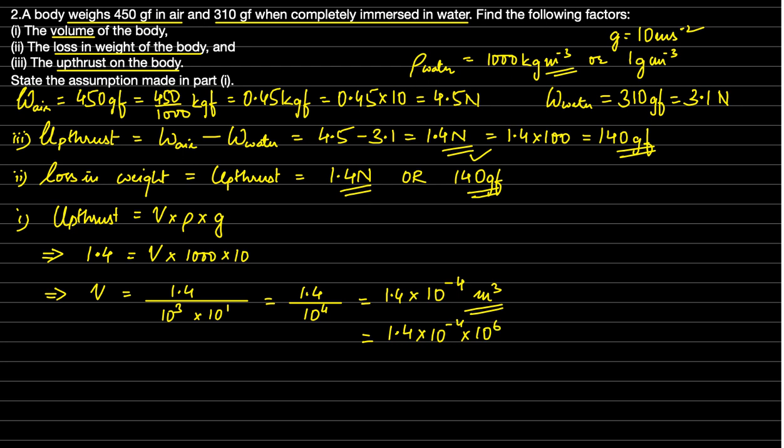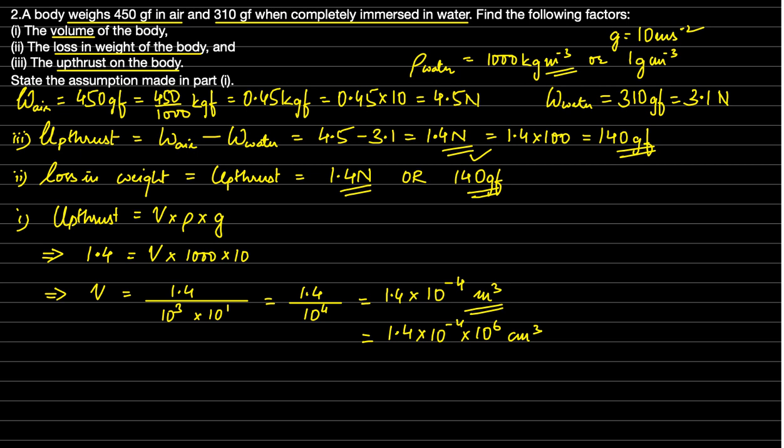So remember, when we are converting meter cube to centimeter cube, we will be multiplying by 10 to the power of plus 6. As I had explained before in this video, when we were converting centimeter cube to meter cube in the previous sum, I had multiplied by 10 to the power of minus 6. Now we are doing exactly the opposite, so we have to multiply by 10 to the power of plus 6.